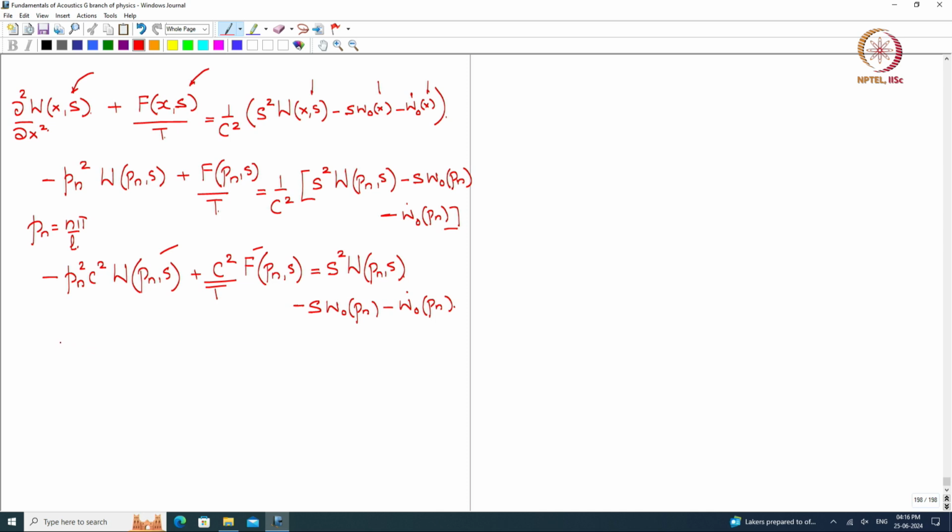So what I get is s square plus p n square c square into w p n comma s minus c square by t f of p n comma s is equal to, I take this to the other side, s w 0 of p n plus w dot 0 of p n.